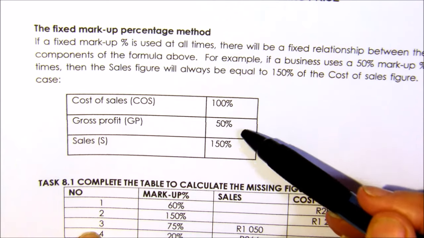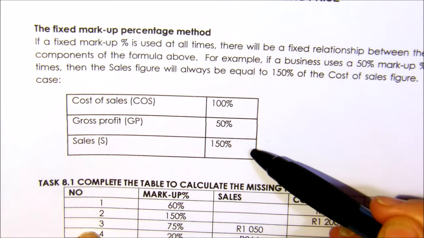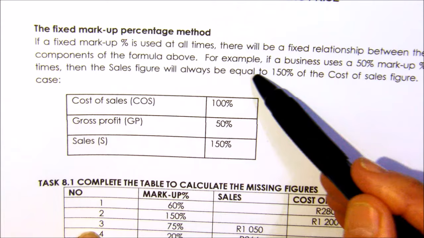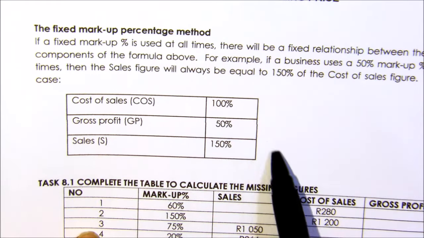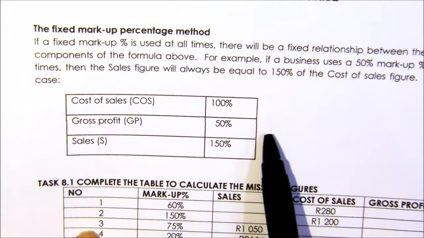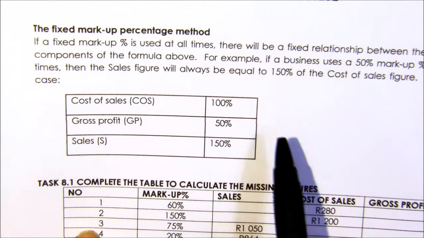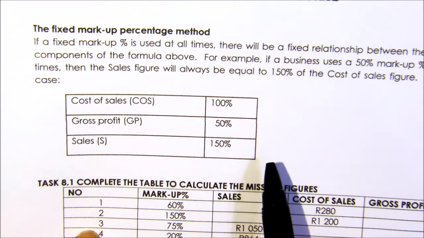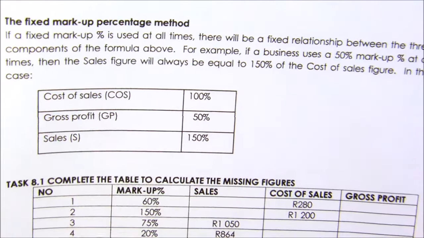The 100 plus the 50 gives you the selling price. Now this formula, this principle, is extremely important in order to do the calculations. And it's no different to what you will do in maths as well. So let's now apply it and let's see what this means.